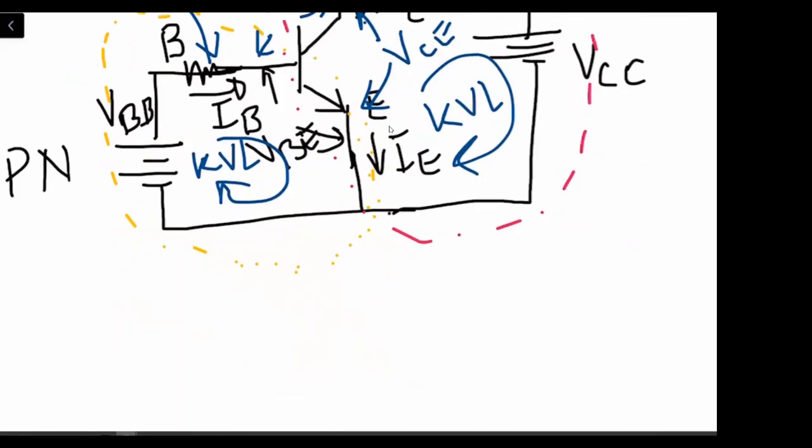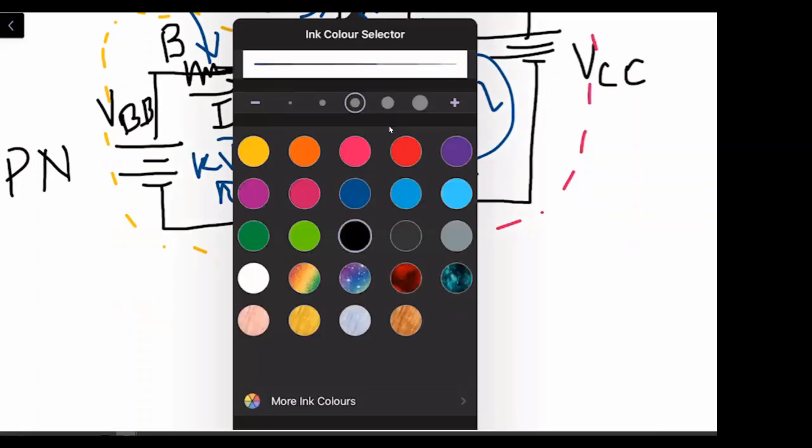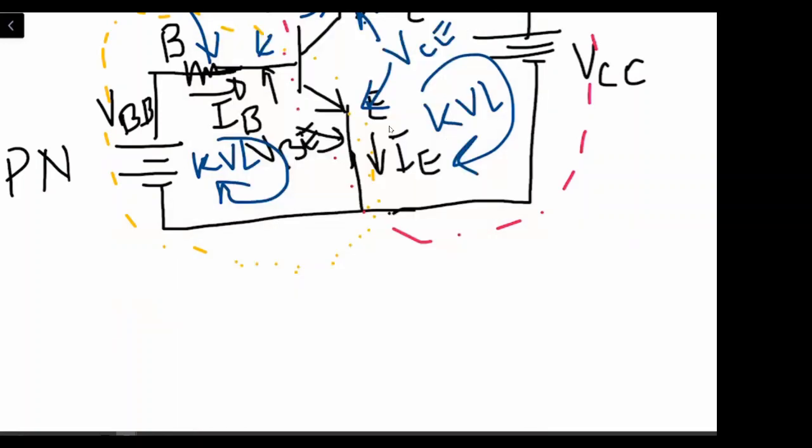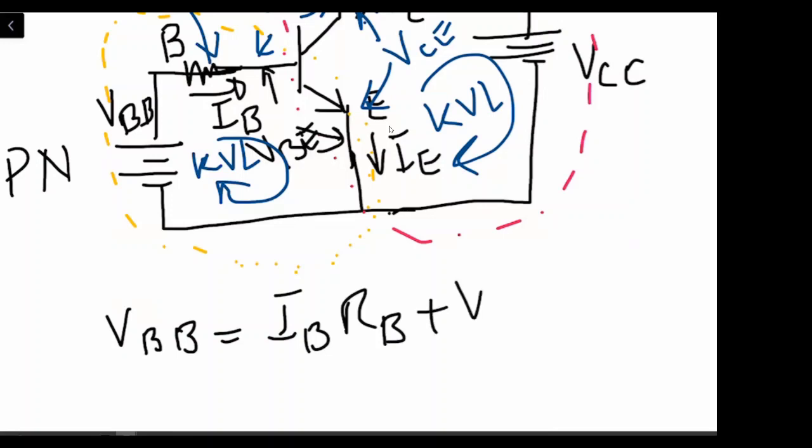Applying KVL to the input side of the circuit, we will have VBB equal to IB RB plus VBE.